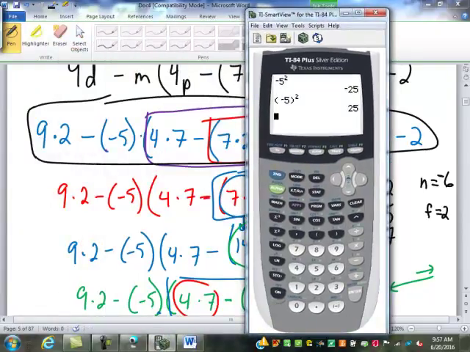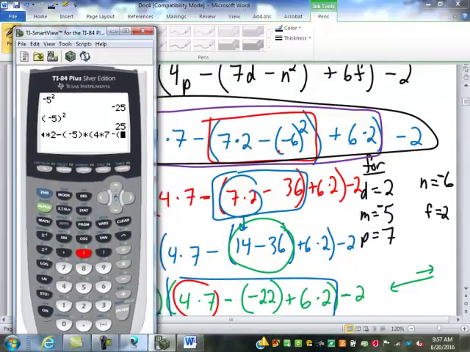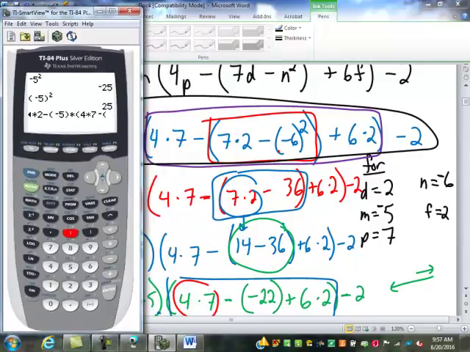All I'd have to do is 9 times 2 minus, I'll do parentheses, negative 5 times, parentheses, 4 times 7 minus, parentheses, I'm going to move over so I can see the other half. 4 times 7 minus, parentheses, negative 6, close parentheses, x squared, close the parentheses right here, plus 6 times 2.